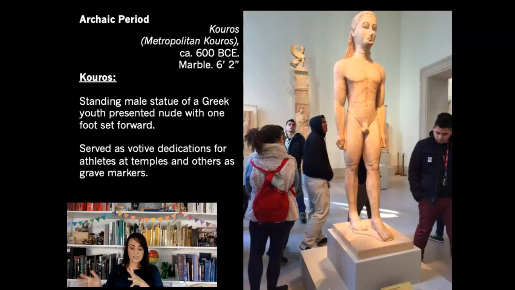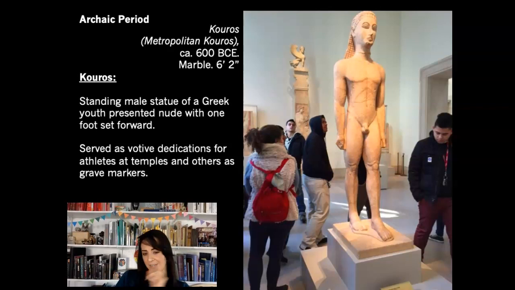We see a transition from grave markers or pots used as grave markers into this figurative statuary during the Archaic period. So it just becomes in fashion to use these larger figure statues to mark graves rather than the craters or the amphora with those painted decorations.